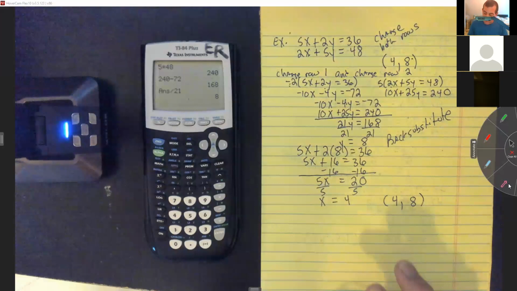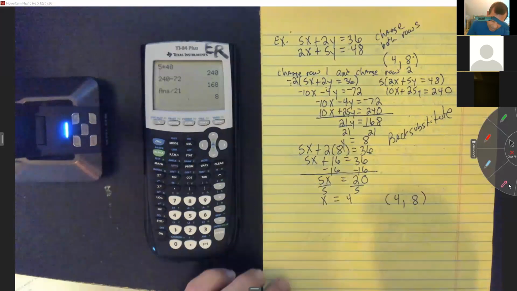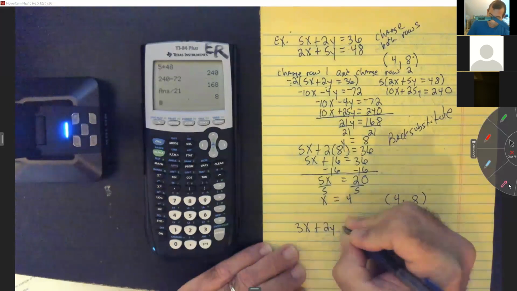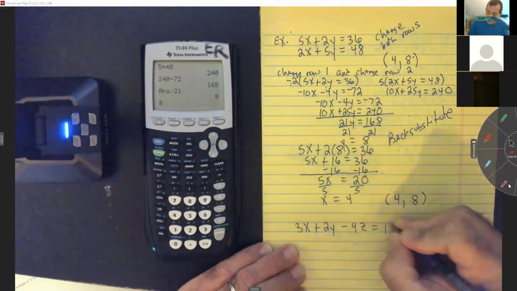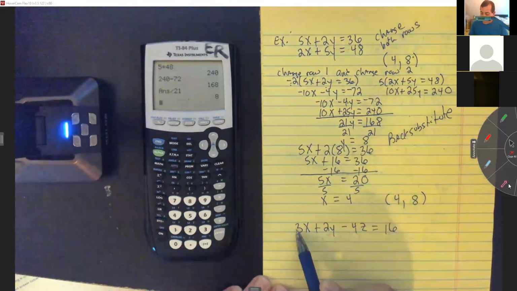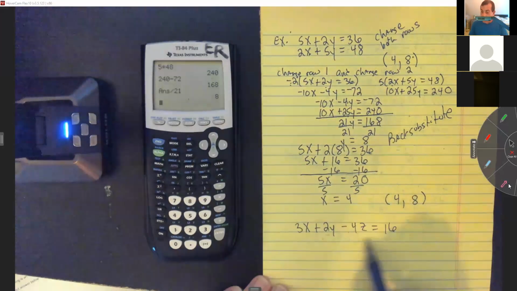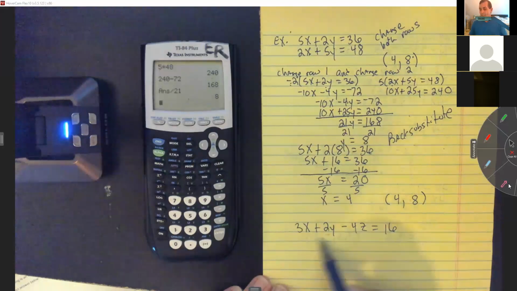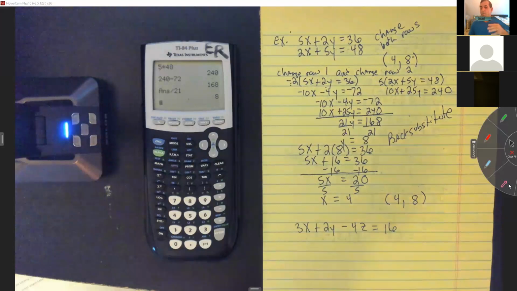All right, y'all, those were two variables. What if I had like a 3x plus 2y minus 4z equals 16? This is an example of an equation in 3 variables. So the next equation I'm going to do is going to be a system of 3 variables.